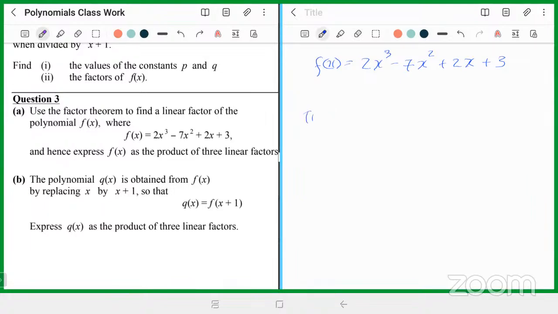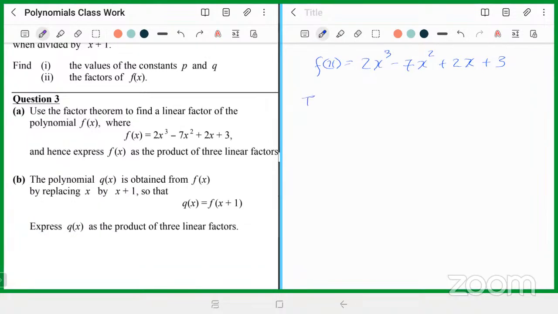So if I try 1, then this will become 2 minus, oh, I see the mistake, minus 7 plus 2 plus 3. So these add up to 7. So 1 works. Let's use that method where we try both values, because the only factors of 3 are plus or minus 3 and 1.